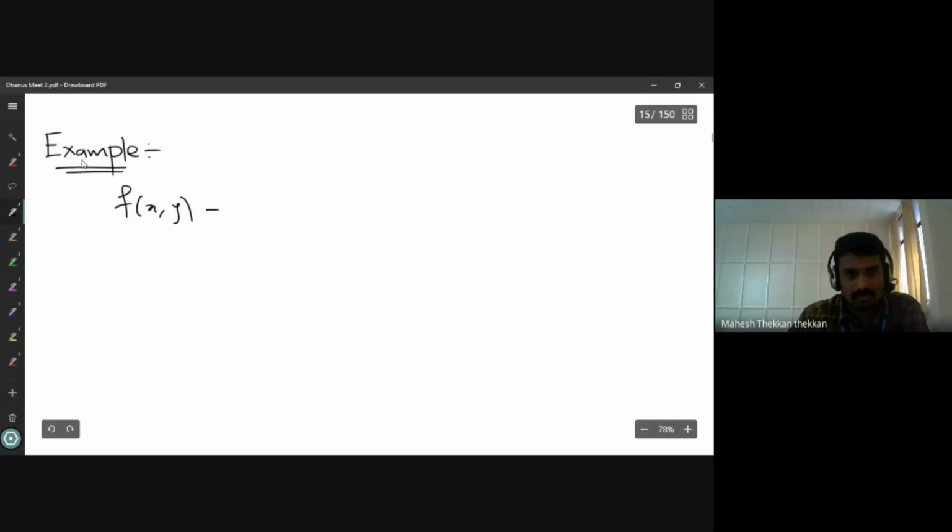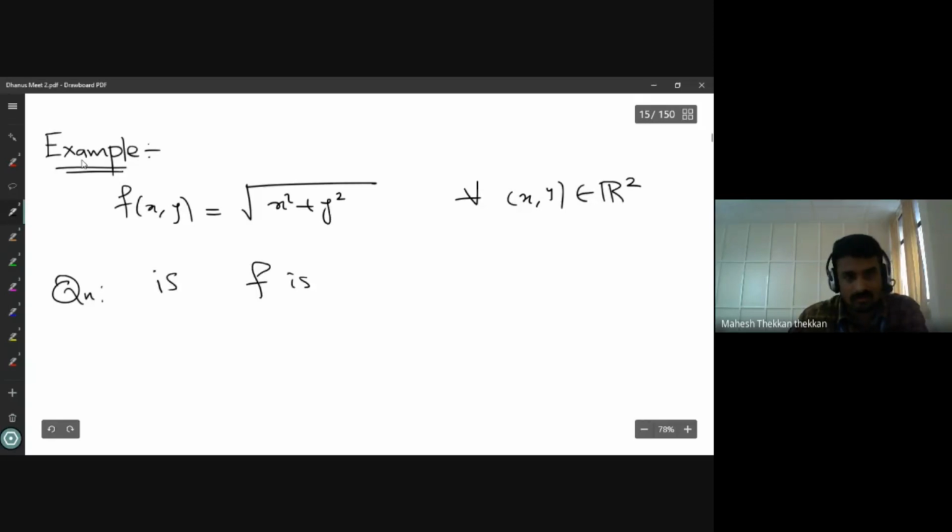Because f of x, y I have defined as square root of x square plus y square for all x comma y belonging to R2. Question is this: is f differentiable at 0, 0?